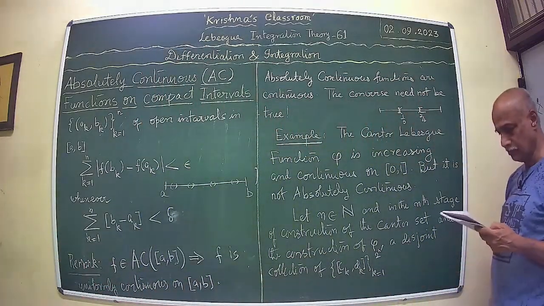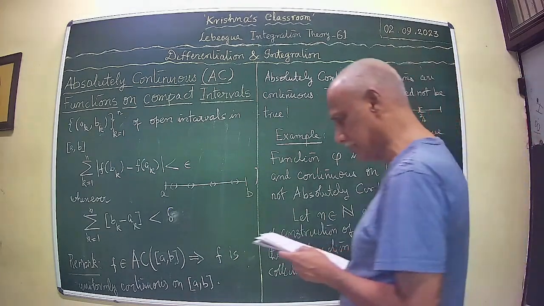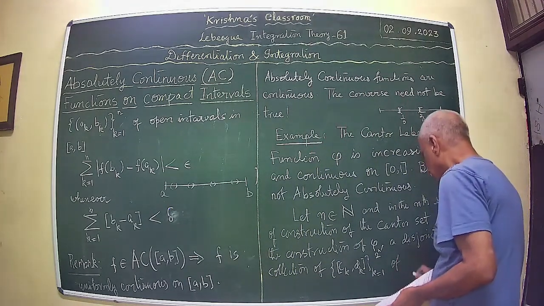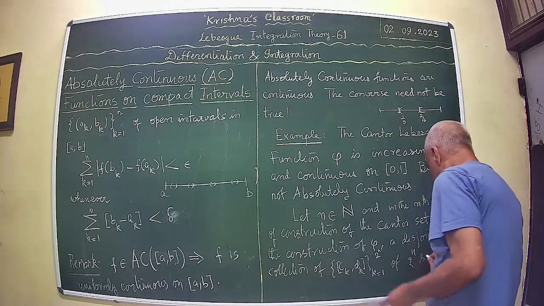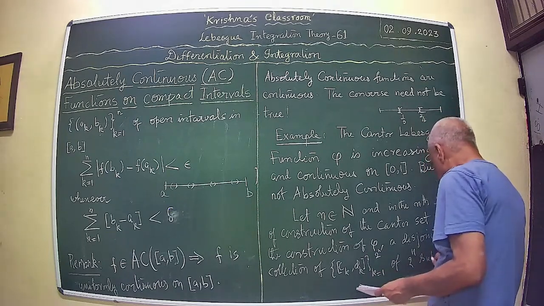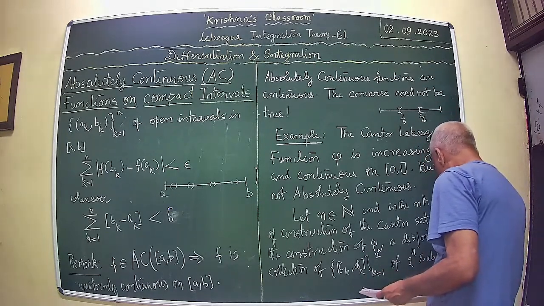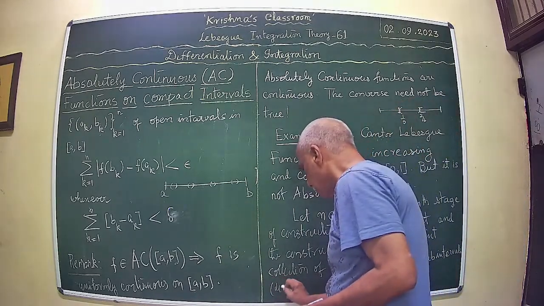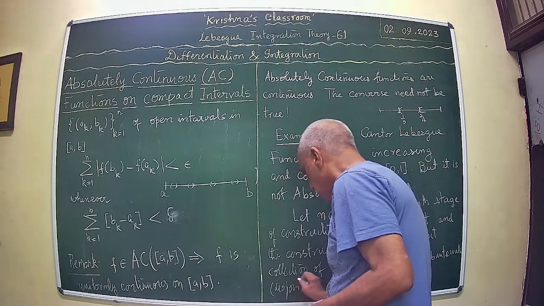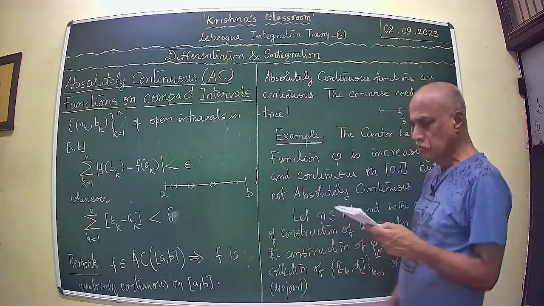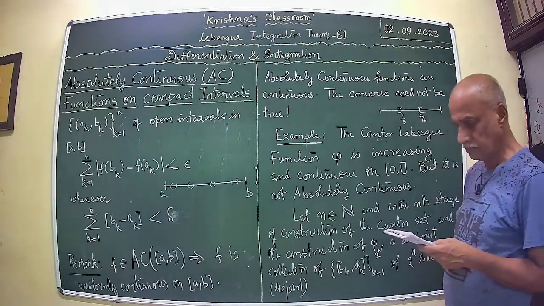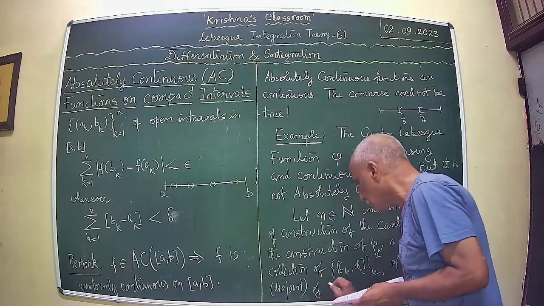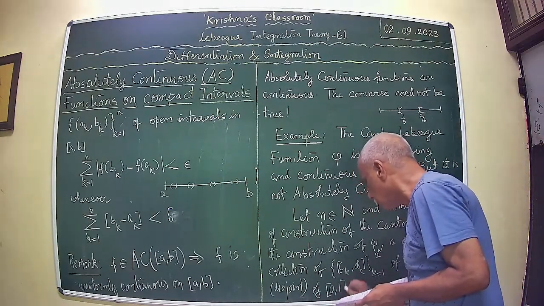So we are marking these as such 2 to the power n disjoint subintervals of [0, 1].